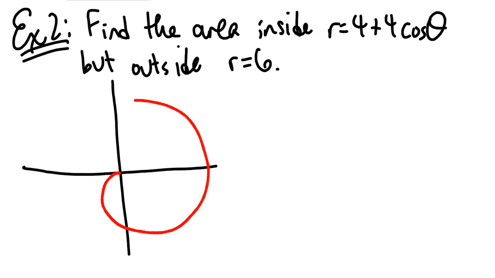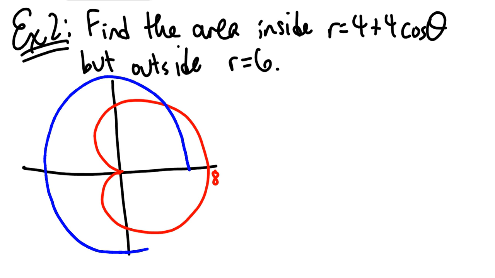Inside of this, where this goes all the way out to 8 on the x-axis, but outside of this, r equals 6 is a circle. This is r equals 6. This is r equals 4 plus 4 cosine theta. We're looking for this area.